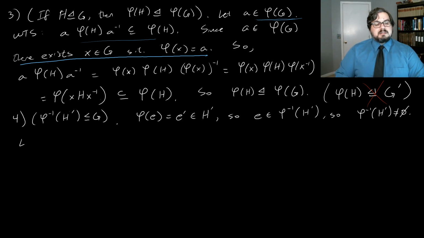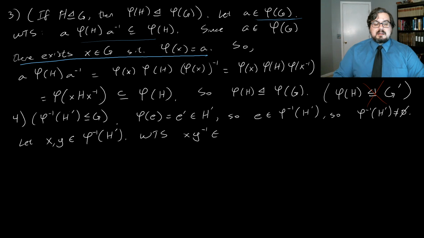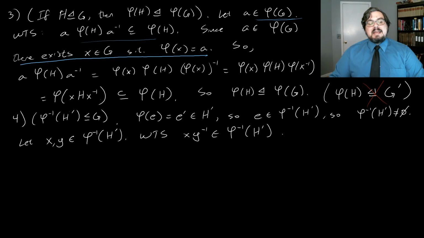So now let's let X and Y be in phi inverse of H prime. We're going to try to show that X times Y inverse is also in phi inverse of H prime. Now the way that we show that some element is in the pre-image of a set is to show that phi of that element is in the set we talk about.